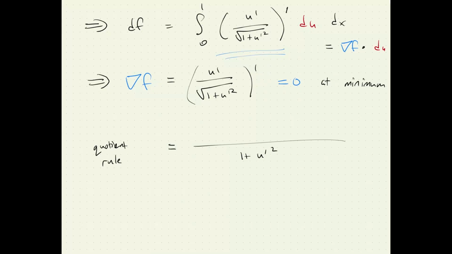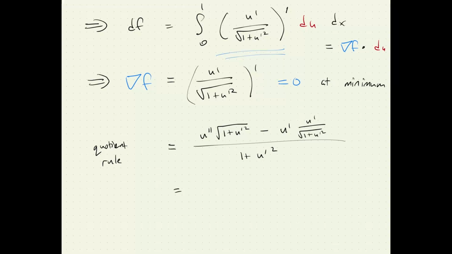On the top you get the derivative of the top, which is u double primed, times the bottom, the square root of 1 plus u primed squared, and then minus the top times the derivative of the bottom. We just did that. The derivative of that square root is, in fact, u primed over the square root of 1 plus u primed squared, I think. Hopefully I'm not making any mistakes here.